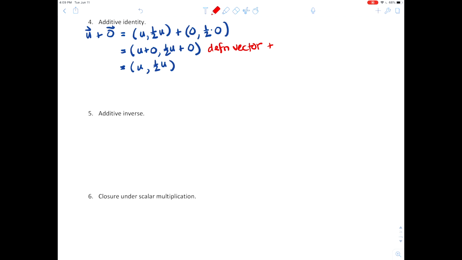Or you could say identity property of addition for the set of real numbers. And then that, of course, is just equal to u. So we're all done with the additive identity.